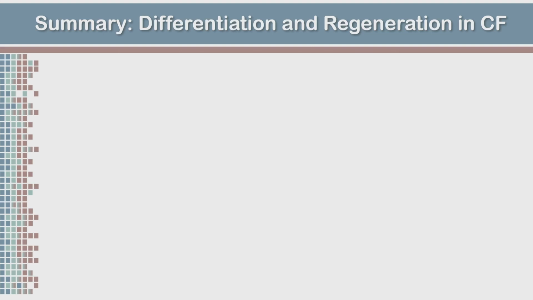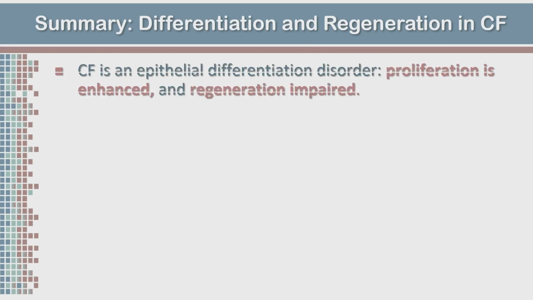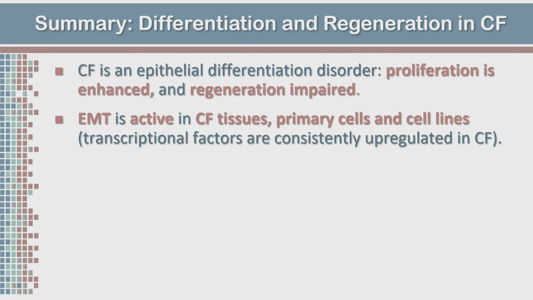So in summary of what I've shown you, CF is an epithelial differentiation disorder, and we are not used to looking at it like this. Proliferation is enhanced, however, regeneration is impaired. EMT, so epithelial mesenchymal transition, is active in native CF tissues, primary cells, and cell lines.